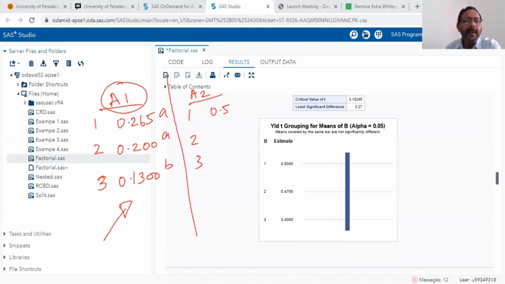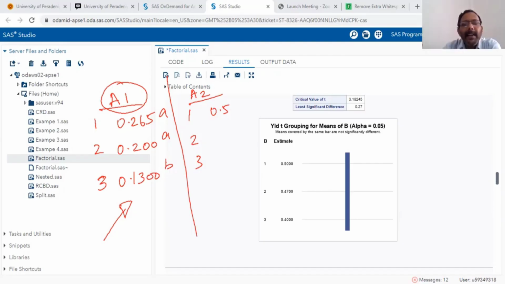For A1, which is better? For A1 programming, which memory is better? Anyone? A and B are better because both means are high.